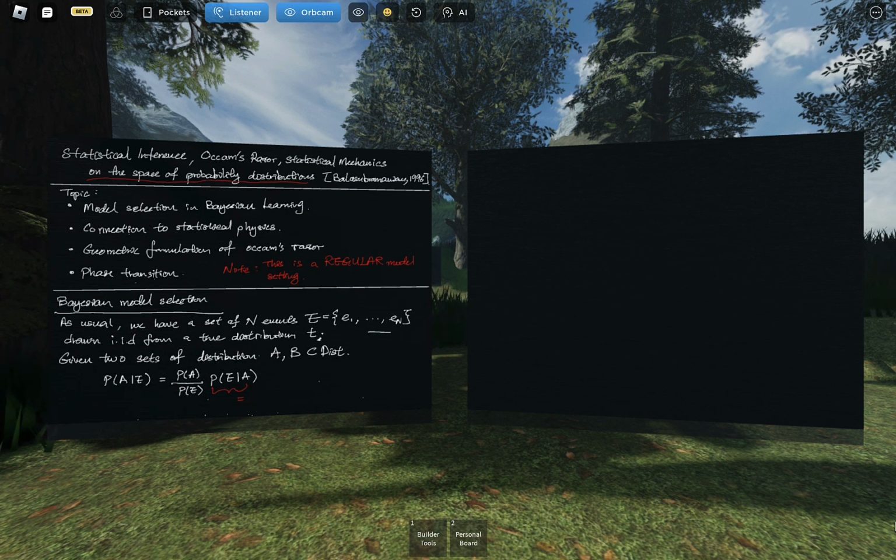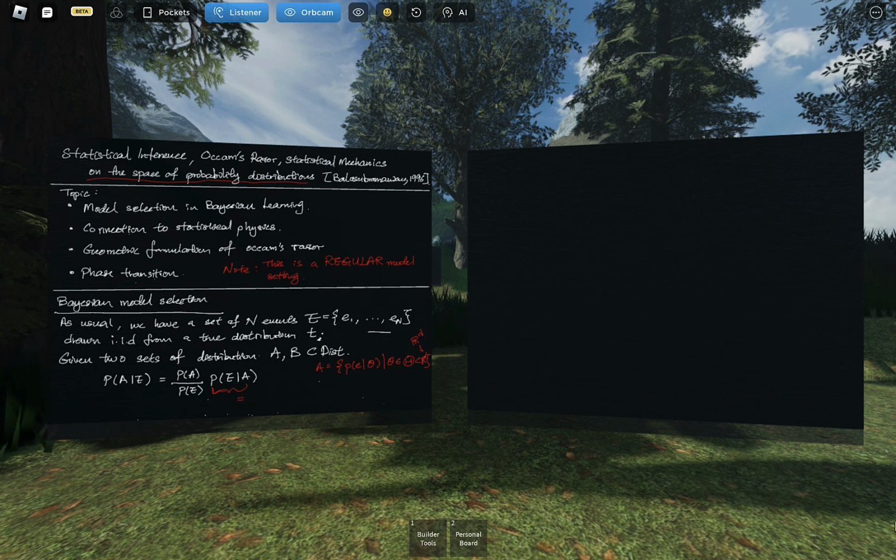So A and B are models, and by that I mean parameterized models, which means that A is the set of distributions on E parameterized by some theta for theta in some parameter space that is R to the D, right?